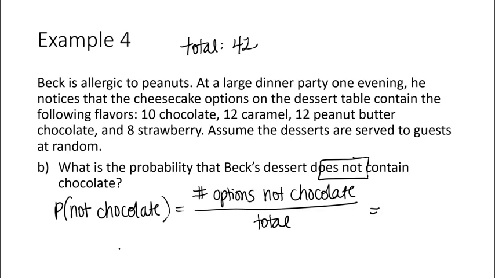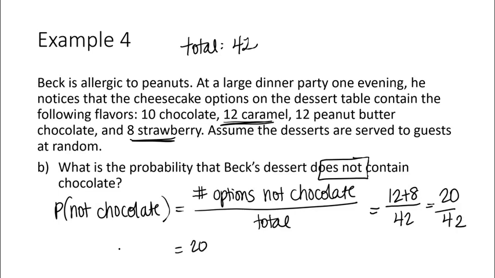So if I'm looking for not chocolate, caramel and strawberry are both considered not chocolate. So for not chocolate, let me write it here. I have 12 plus 8. There are 20 options out of my total 42.